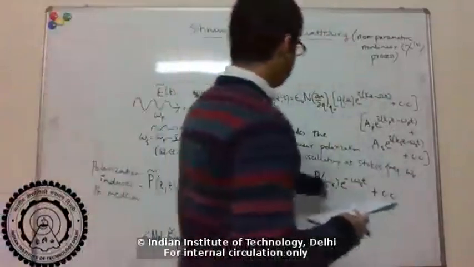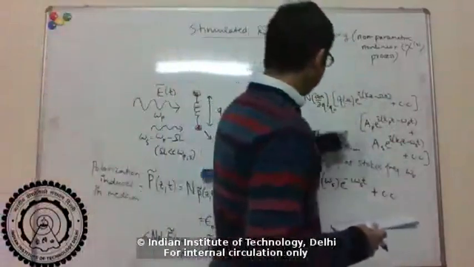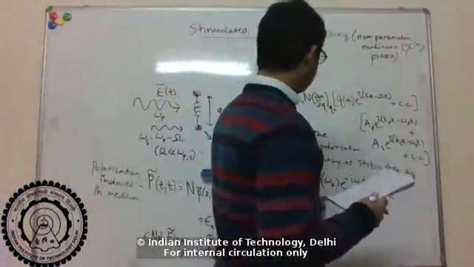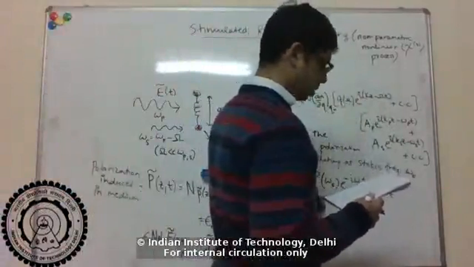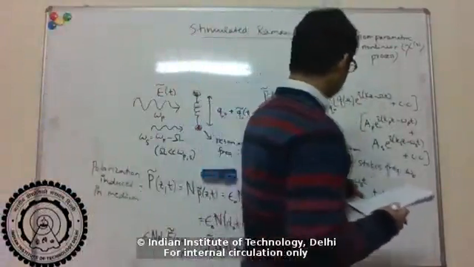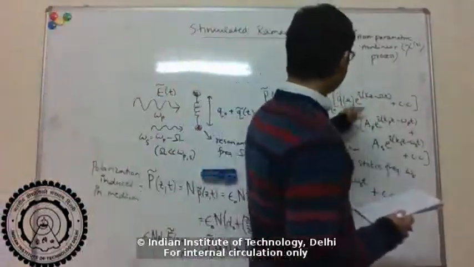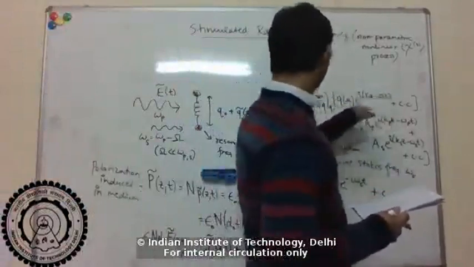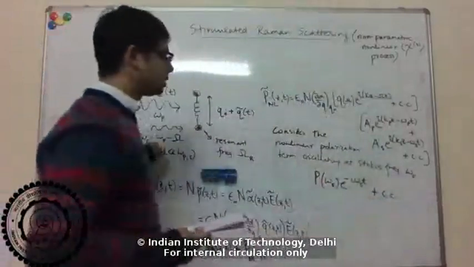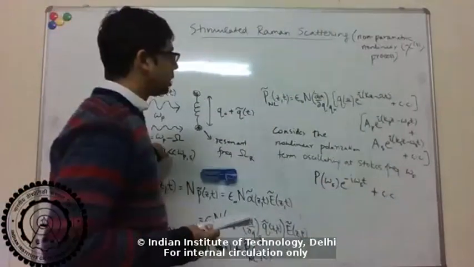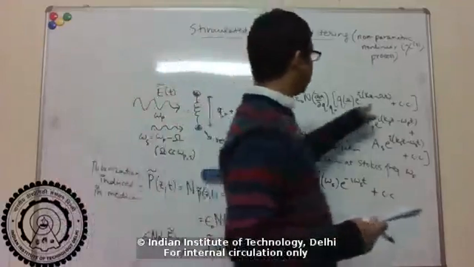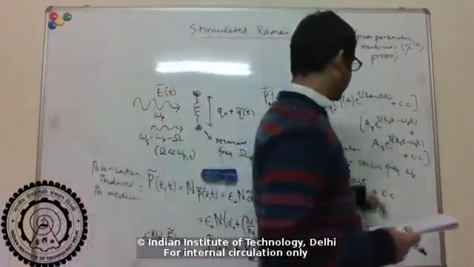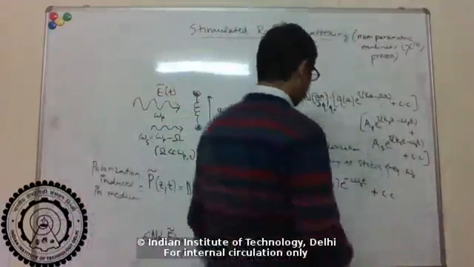Okay, so from inspection, which term will that be? e to the minus I omega s t, right? So from Q here, I have capital omega, which is omega p minus omega s, right? So if I add omega p to that, then I'll get omega s, right?